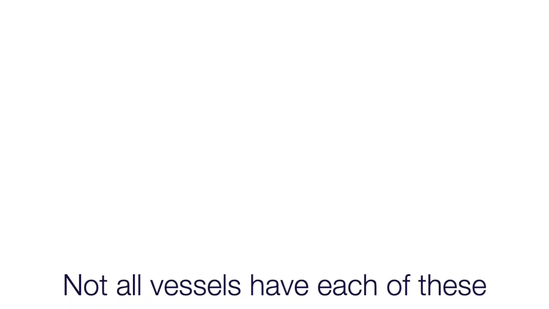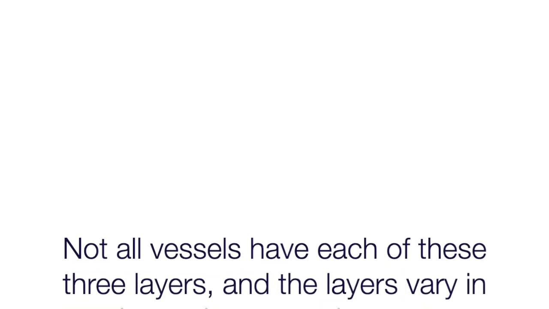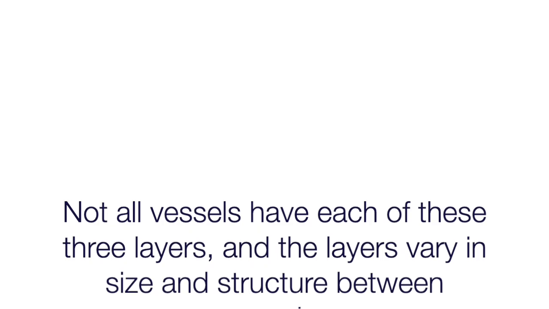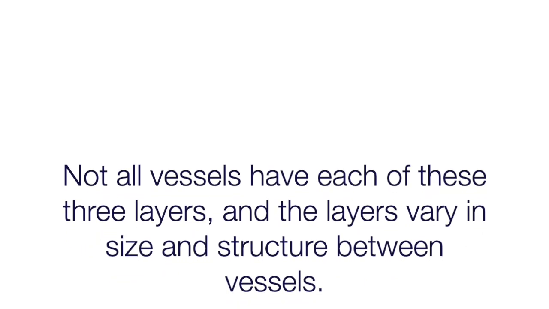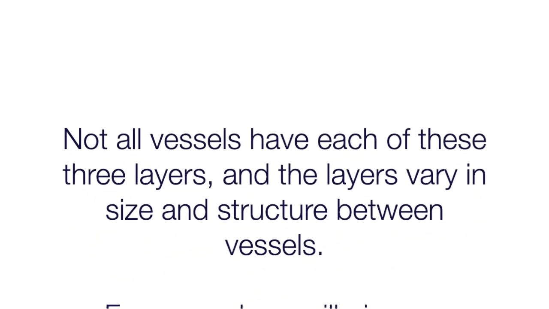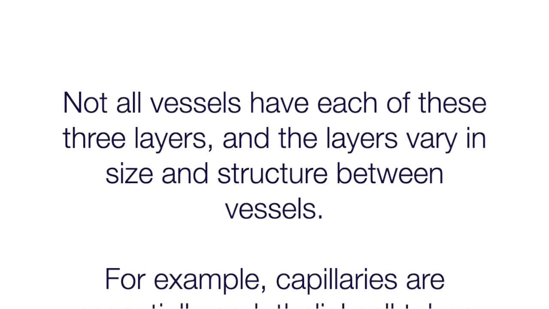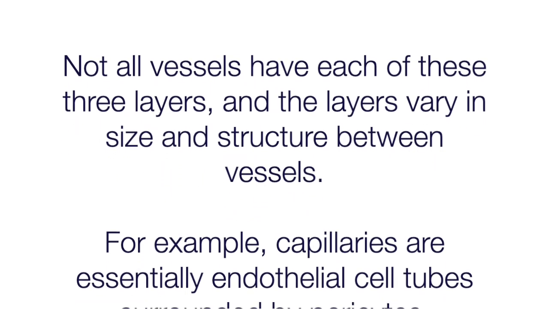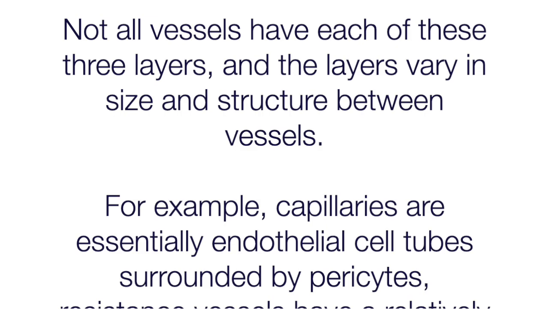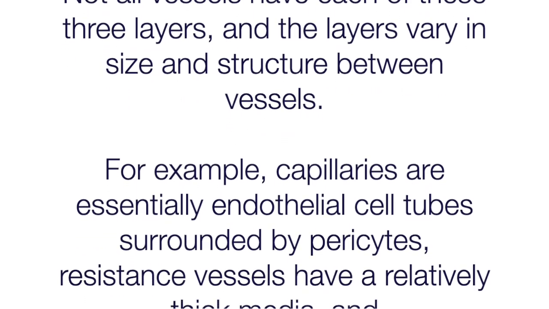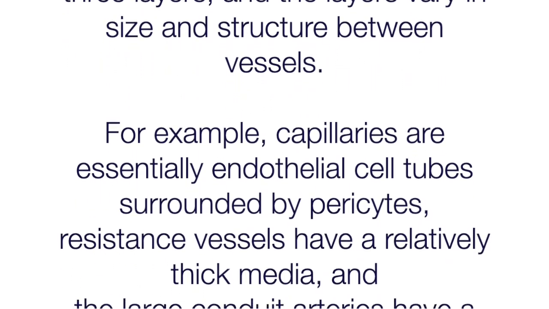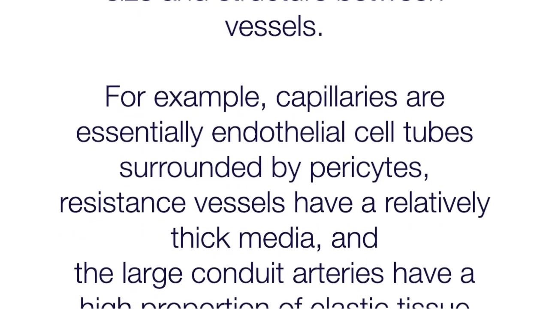Now, coming back to our discussion regarding blood vessels, not all vessels have each of these three layers, and the layers vary in size and structure between vessels. For example, capillaries are essentially endothelial cell tubes surrounded by pericytes.